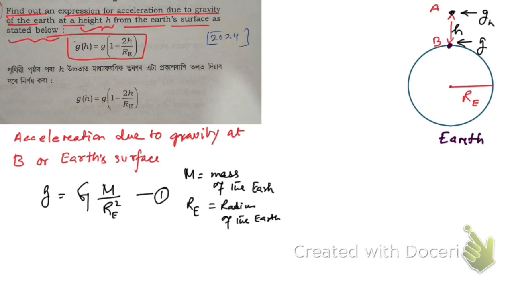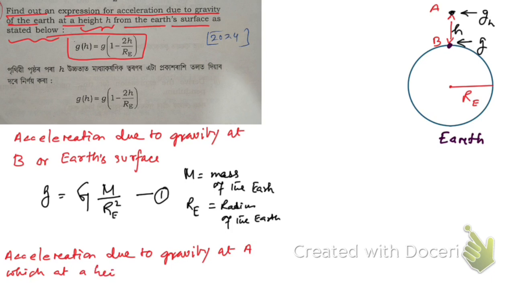So acceleration due to gravity at a point A, which is at a height h from the surface of the earth, that will be given by, let me write that here.